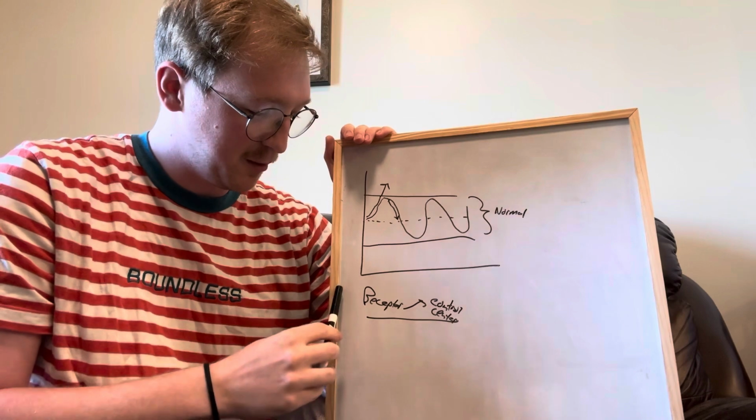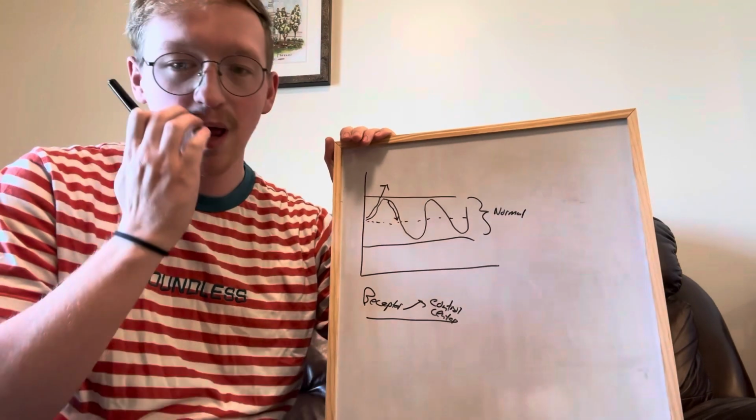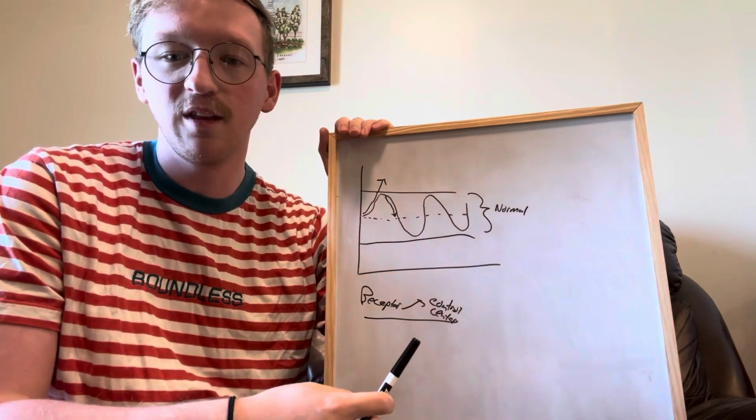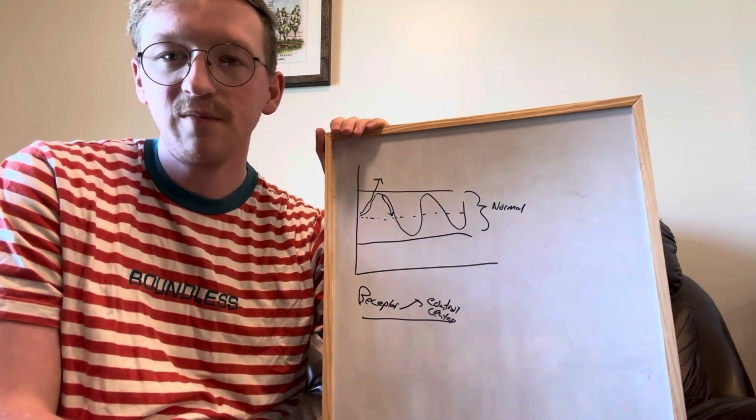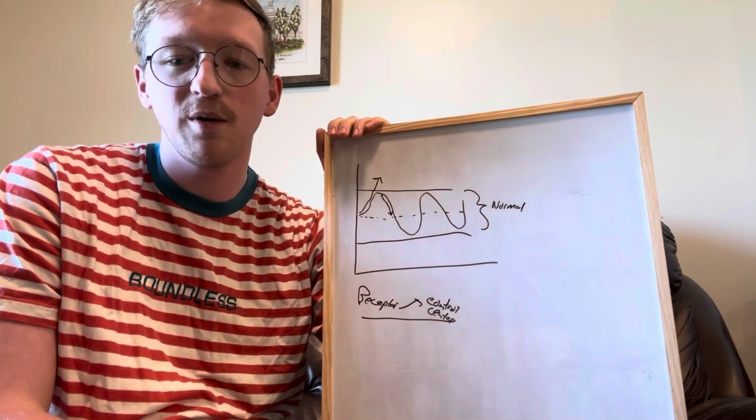So the stimulus affects the receptor, and the receptor moves toward the control center. That is the afferent pathway.